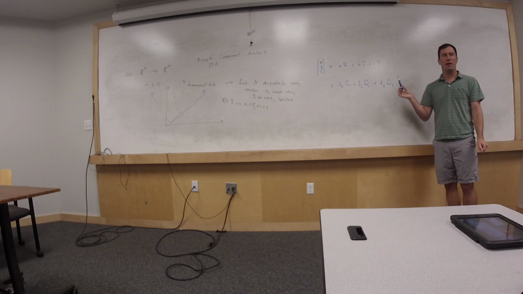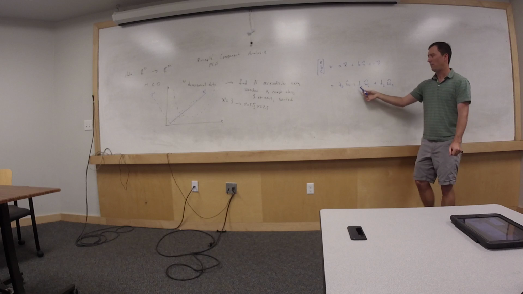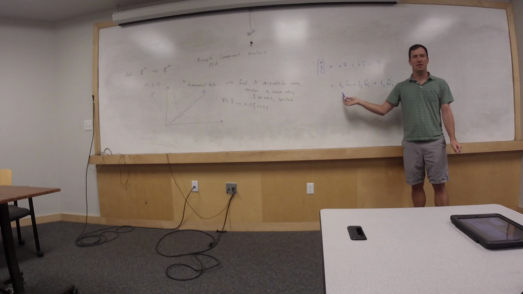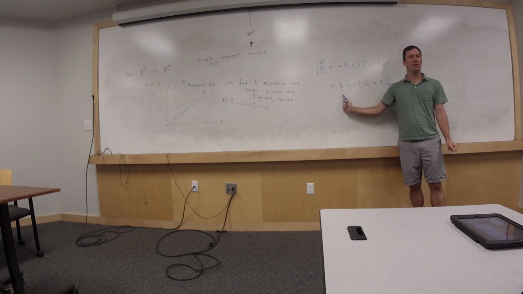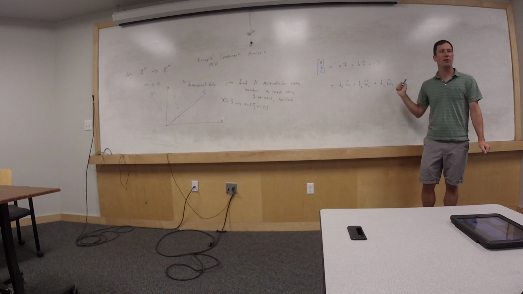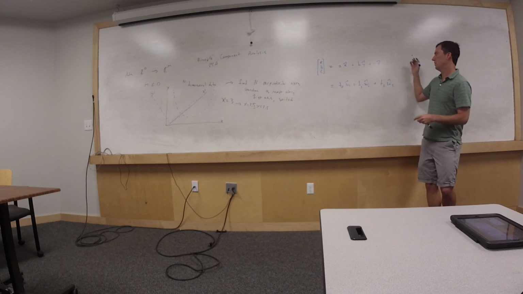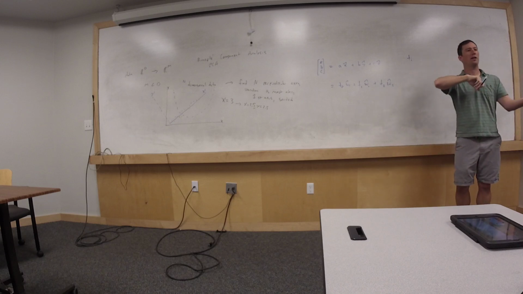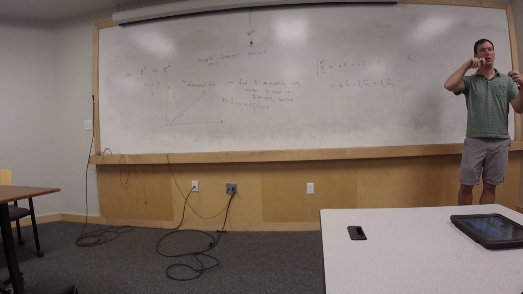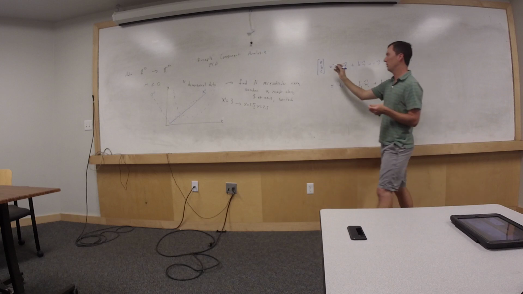If I pick a W0, or a W generally, the math to figure out what these T's are is really easy, as long as these are all perpendicular, which we're picking.